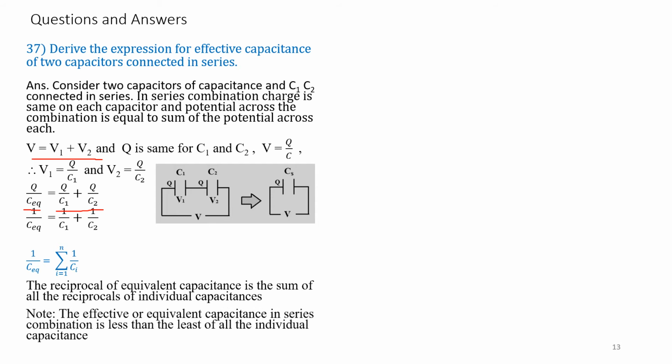Please note, the effective or equivalent capacitance in series is always less than the lowest individual capacitance. Suppose C2 is the lowest between C1 and C2, CS will be less than C2. This is what it means.